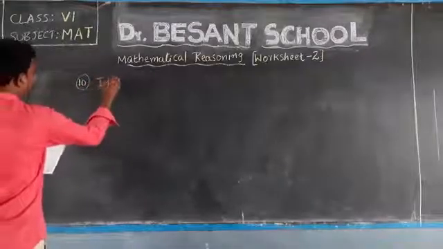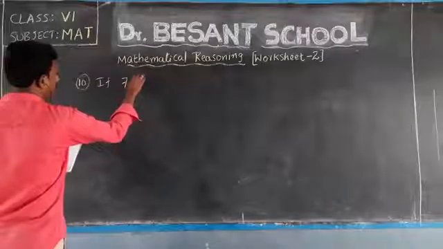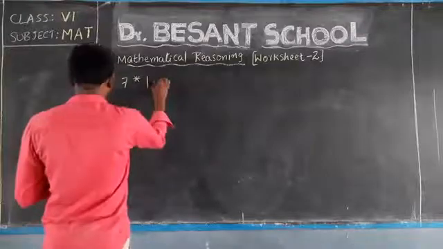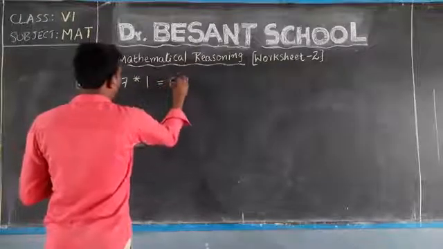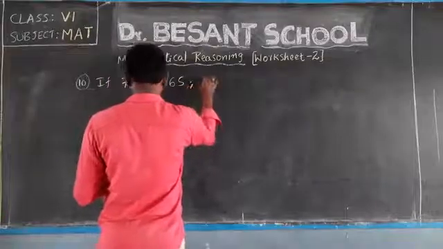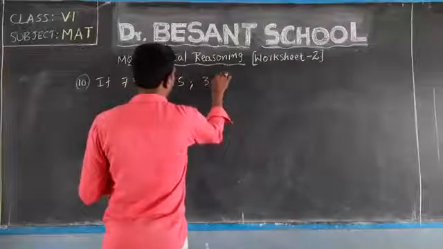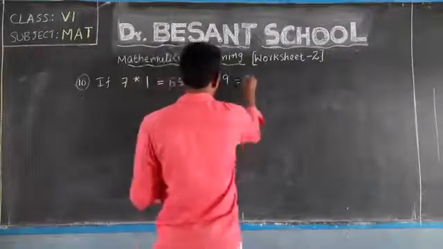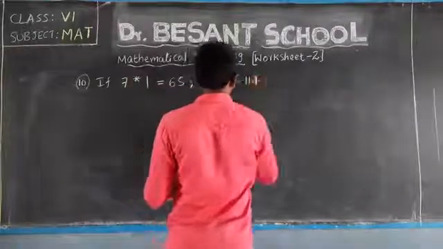If 7 star 1 is equal to 65. Similarly, 3 star 9 is equal to 114.